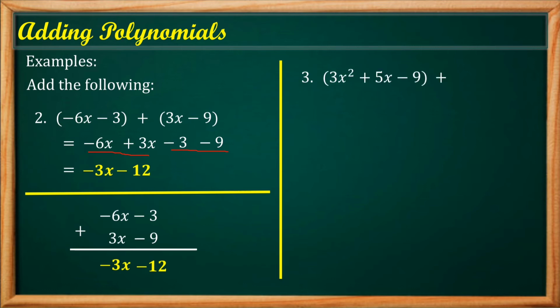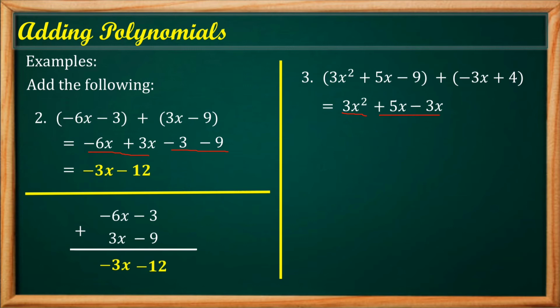Number 3, you have here 3x squared plus 5x minus 9 plus negative 3x plus 4. Then combine similar terms: 5x and negative 3x. Si 3x squared, wala siyang kapareho sa kabila, nag-iisa.